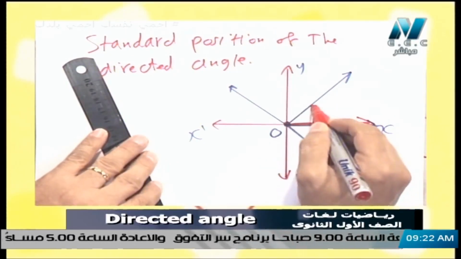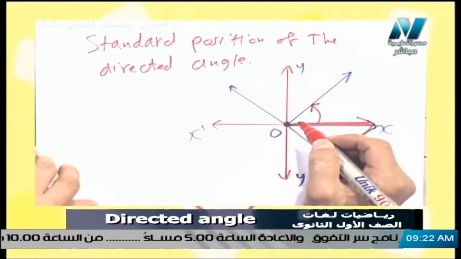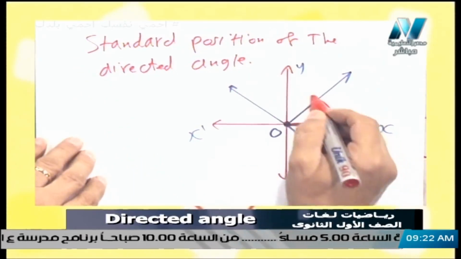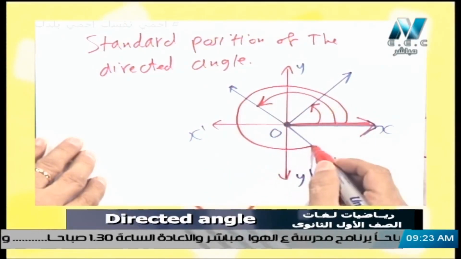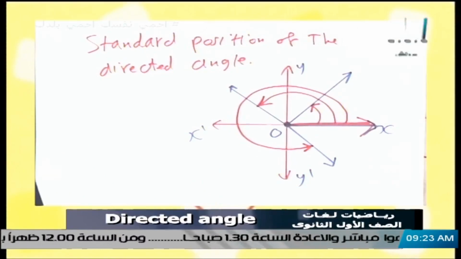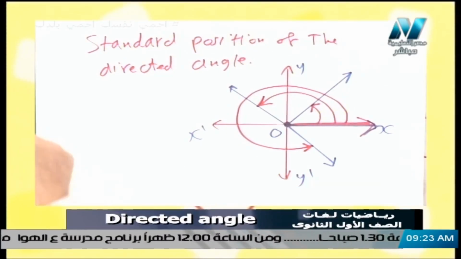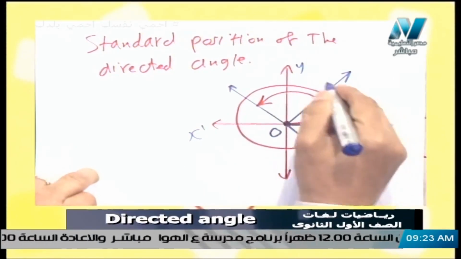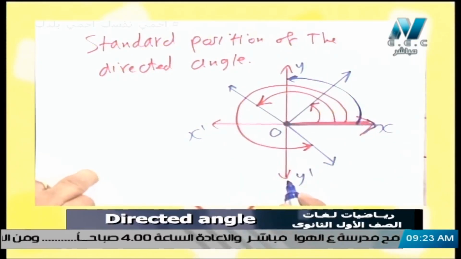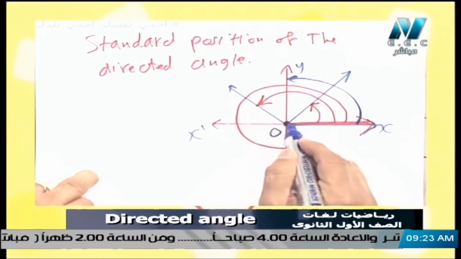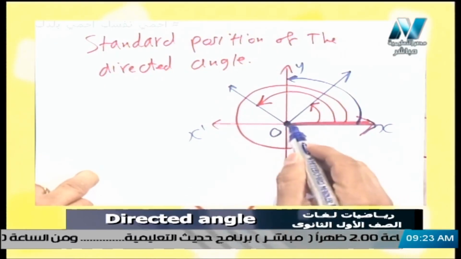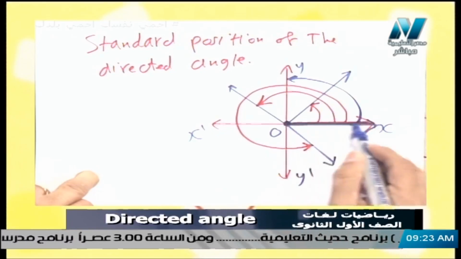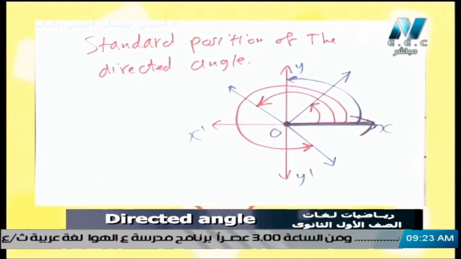So this angle is in the standard position, this angle also, and we can say that this angle here is in the standard position. Notice carefully that the vertex is again the origin point, and the initial side is the positive direction of the x-axis.